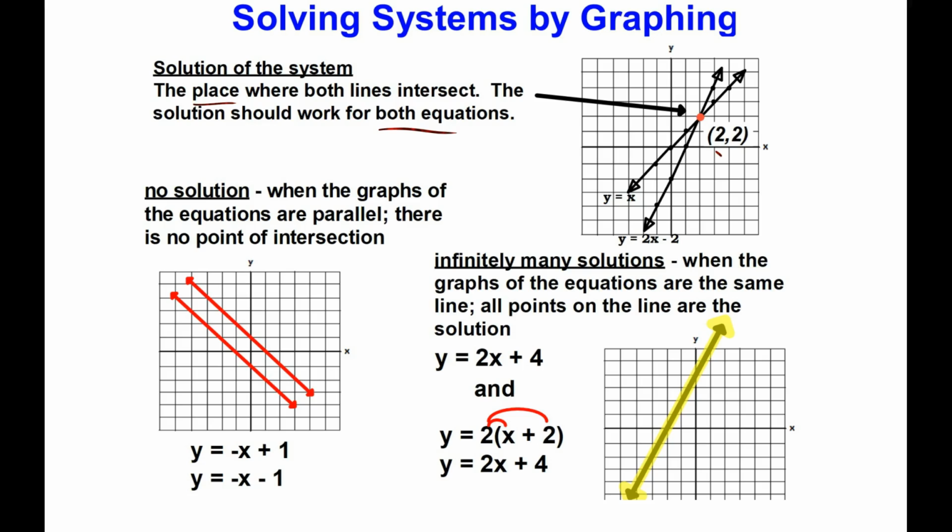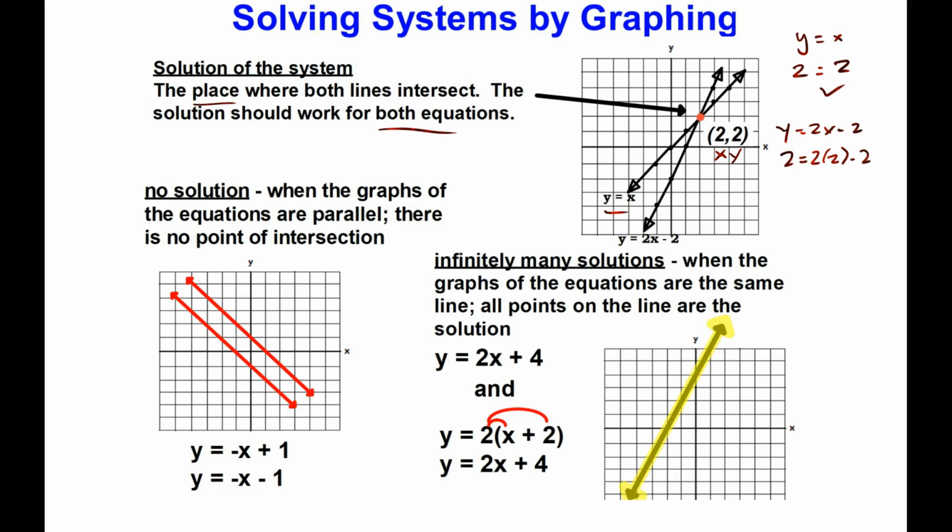When I substitute x and y, if I write it, I want you to write it. If I substitute x and y into both equations, y equals x: if I put in 2 equals 2, that's a true statement. It works. The point (2, 2) works for this equation. For the next one, y equals 2x minus 2, if we put in 2 equals 2 times 2 minus 2.